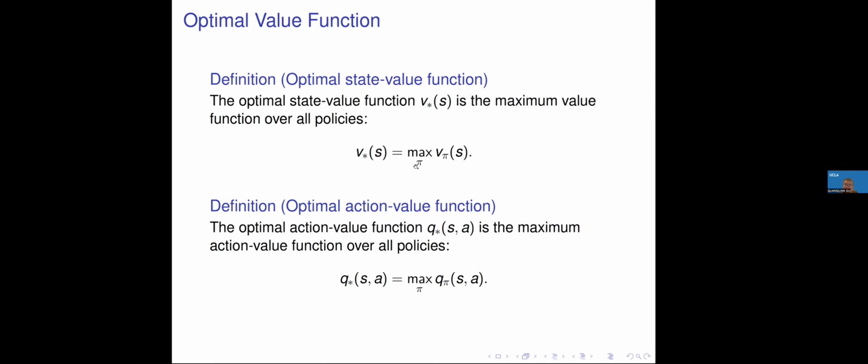The resulting policy that achieves this optimal value is called the optimal policy. Similarly, we can define the optimal action value function, which is obtained by maximizing the action value function over the policy.